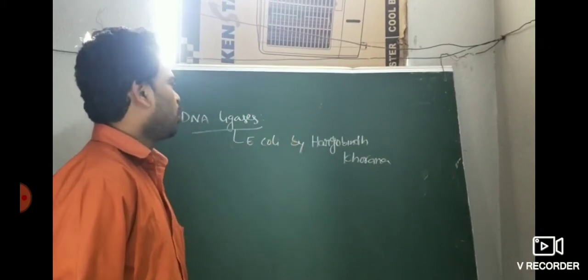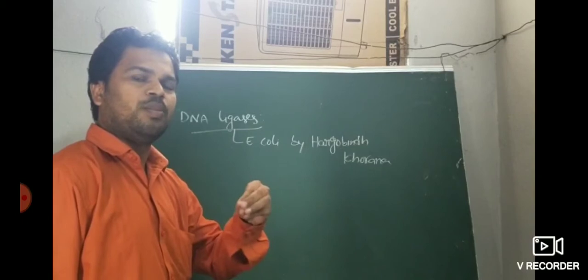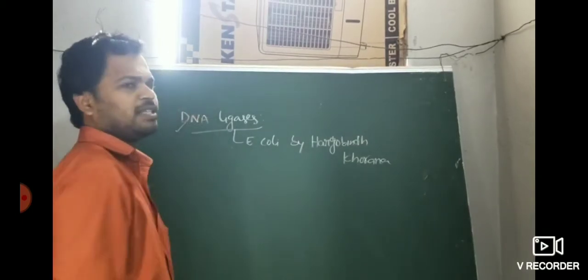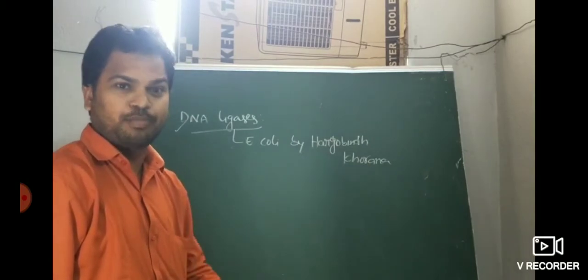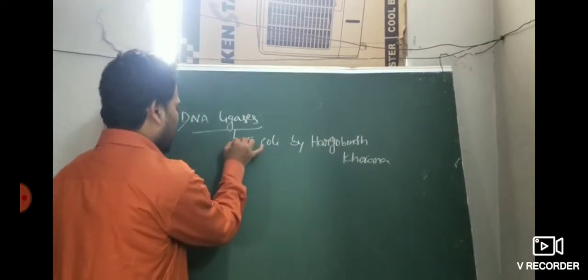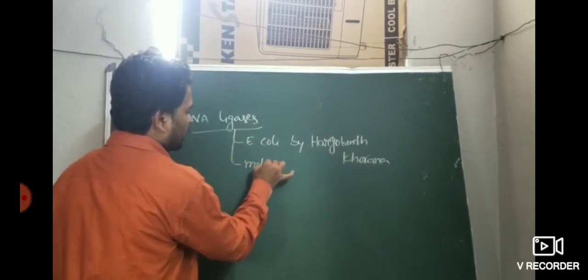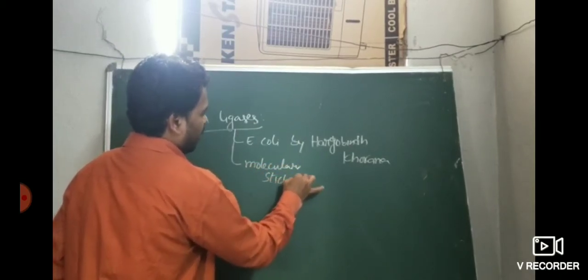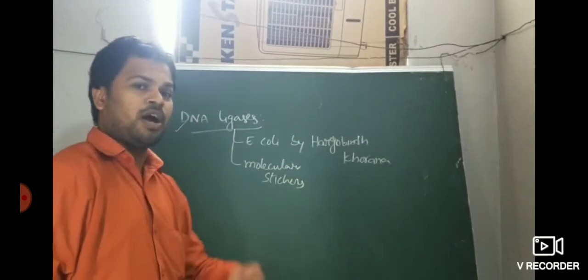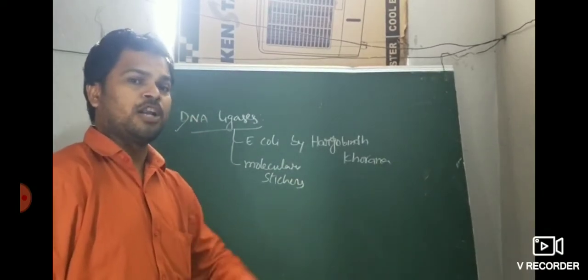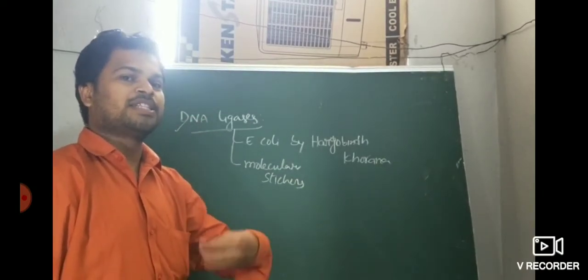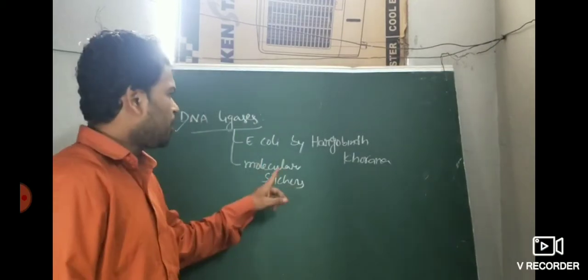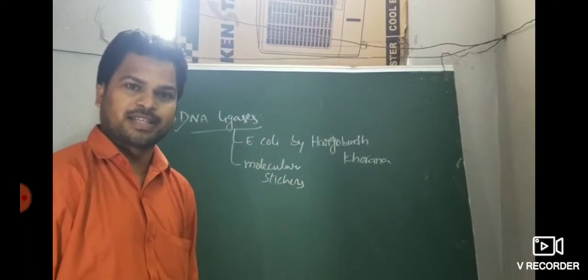The most commonly used ligase enzymes are DNA ligases. DNA ligases are also called molecular stitchers, very important. Molecular scalpel, molecular scissor, chemical scalpel, molecular knife: restriction endonuclease. Molecular stitchers: ligases.